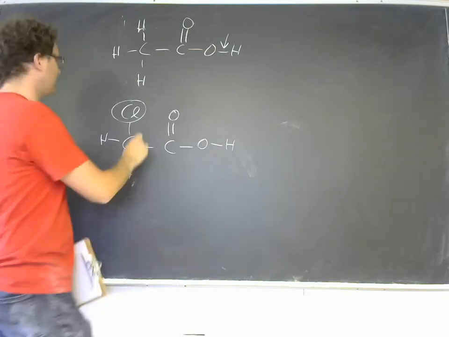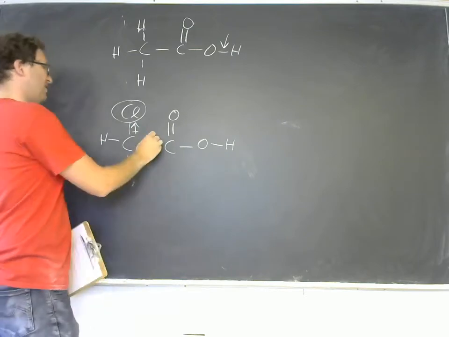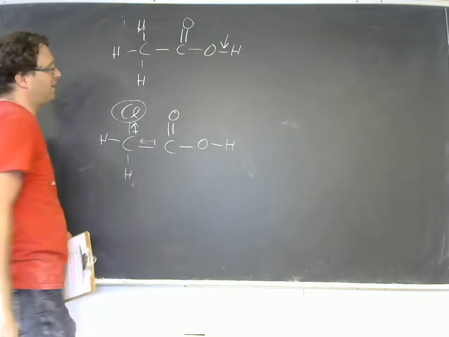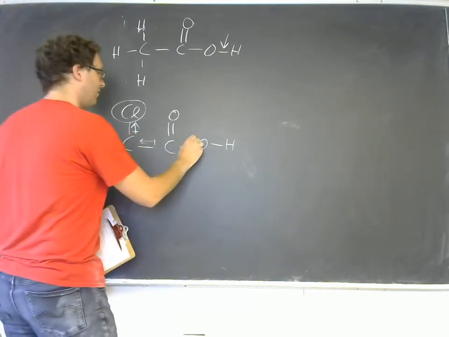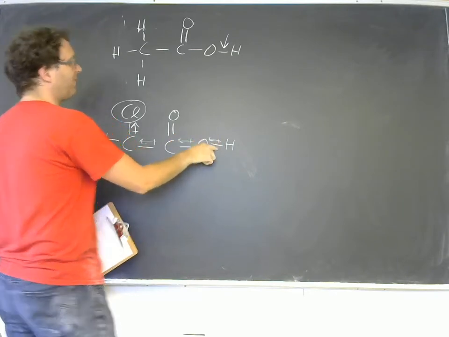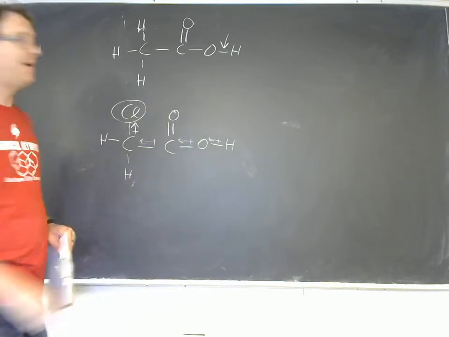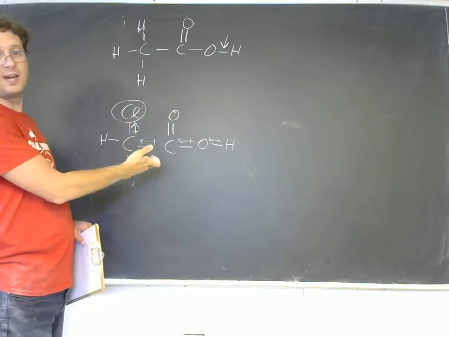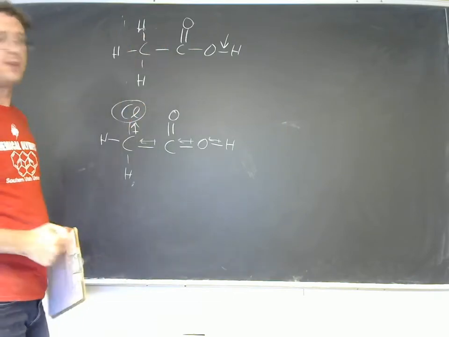That means electron density is pulled toward the chlorine, and that's going to create a secondary effect of pulling electron density from this carbon to the next, and from here, and finally it will actually affect this bond, which is 1, 2, 3, 4 bonds away. The presence of a single chlorine here is enough to make chloroacetic acid a stronger acid than regular acetic acid.